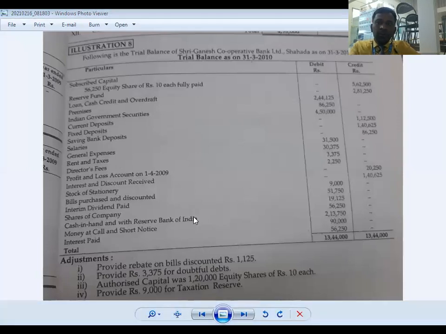We have already transferred the whole trial balance into the profit and loss account and balance sheet. We finished adjustments number 1, 2, and 3, and adjustment number 4 is remaining now. Provide rupees 9,000 for taxation reserve. So this is the adjustment.